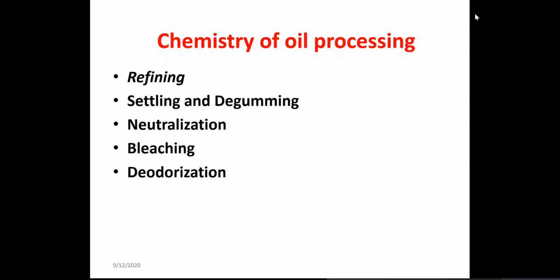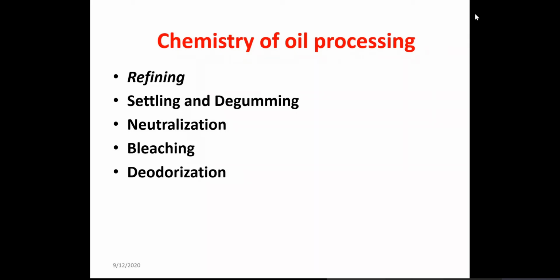But then with urbanization, industrialization and modernization, to improve the shelf stability, we modified this oil through processing, removing so many constituents and ingredients, so that its shelf stability could be improved.